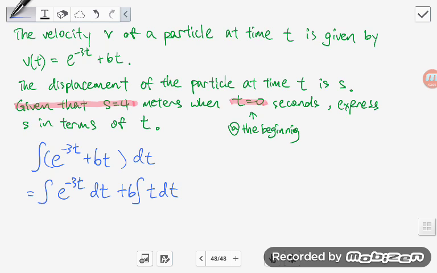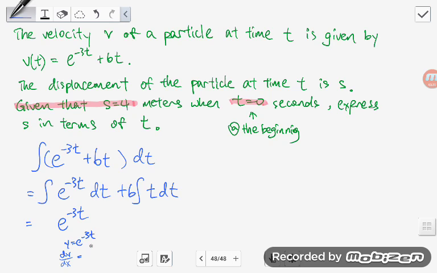Now, just be careful. What do I differentiate to get e to the power of negative 3t? It will be e to the power of negative 3t. But if I differentiate e to the power of negative 3t, say y equals e to the power of negative 3t, the stuff I'm doing right now you should do on scrap paper. This is not the working you want to show people.